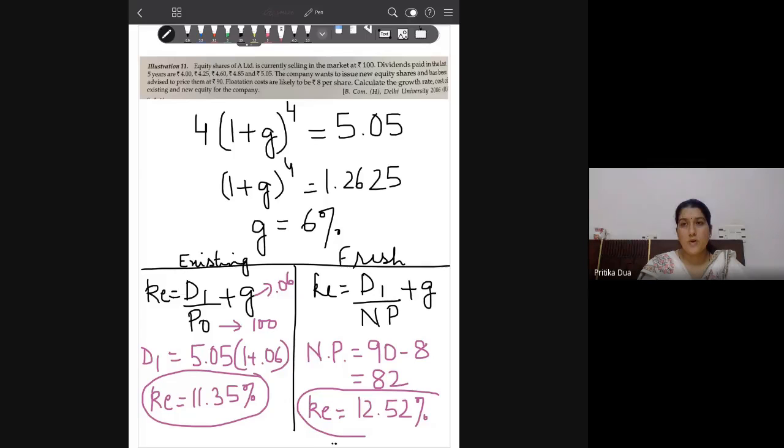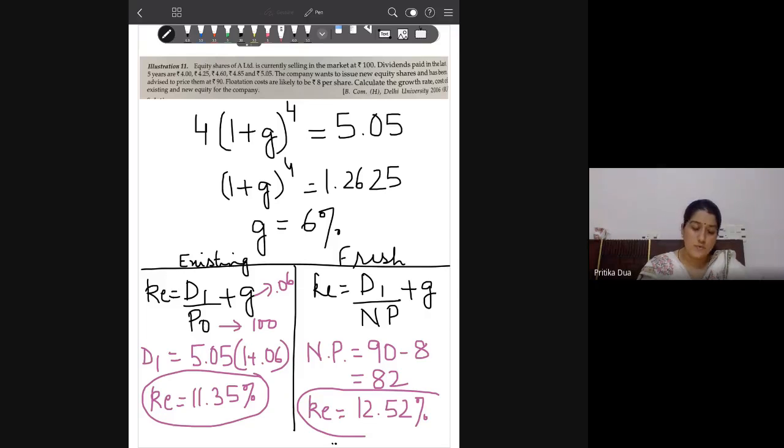So most of you are getting this answer, which means that the fresh equity is costing the company more. Okay, and the reason behind this can be that your net proceeds are lower than the current price at which the share is selling. Okay, and that is why it is costing more to the company to issue fresh equity.